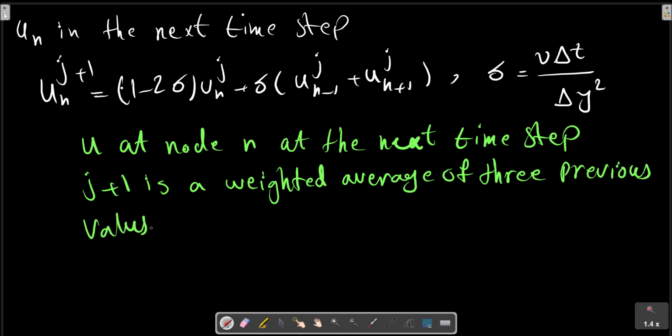Values similar to the 4 nearest neighbors average in the Laplacian method in the previous derivation. This equation, since the new velocity is calculated directly, is called an explicit method.